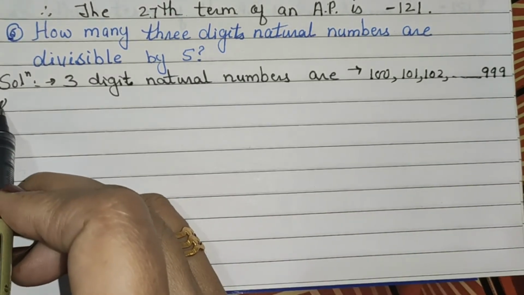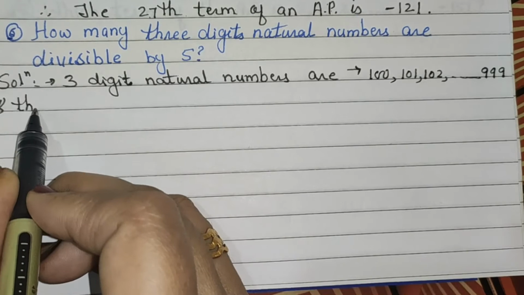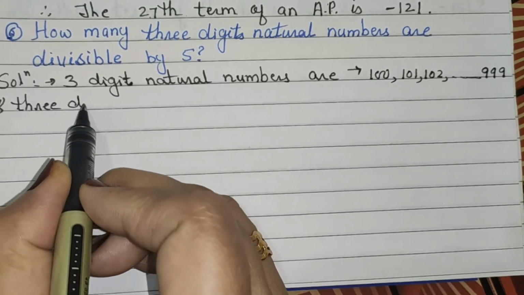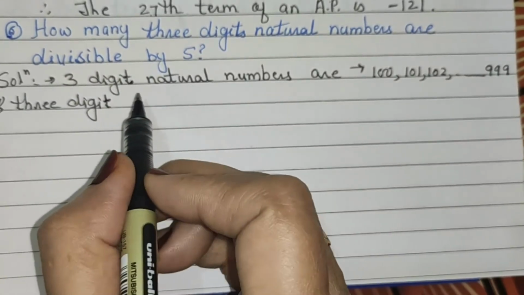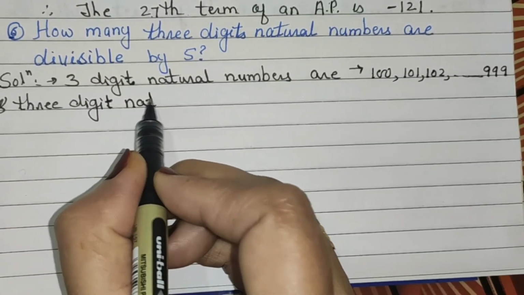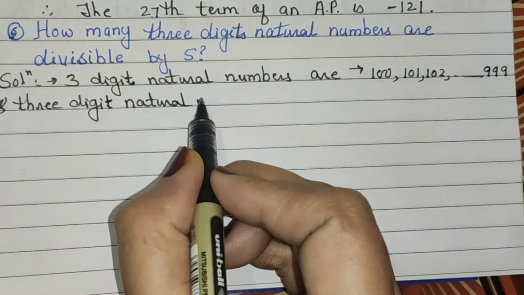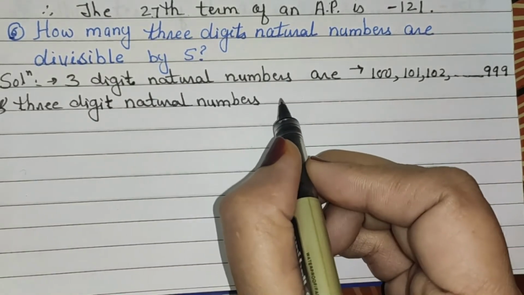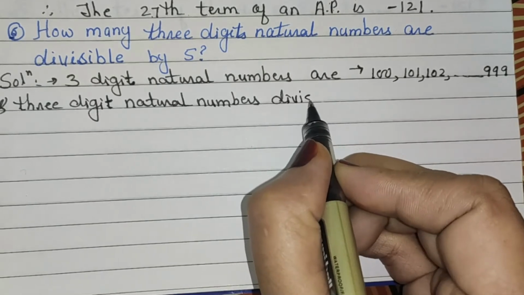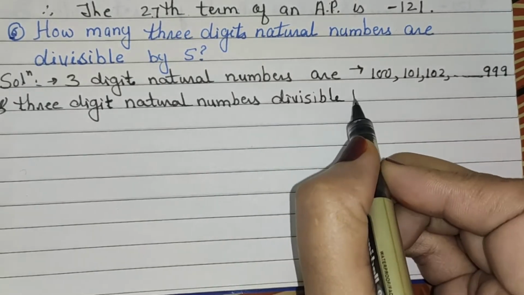Now, 3-digit natural numbers divisible by 5.